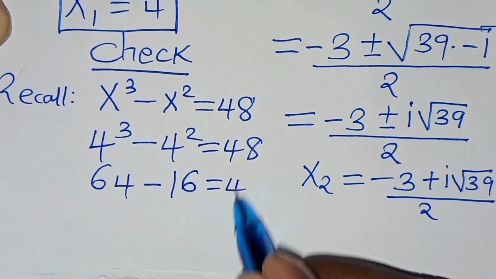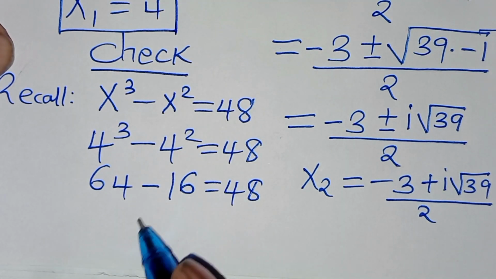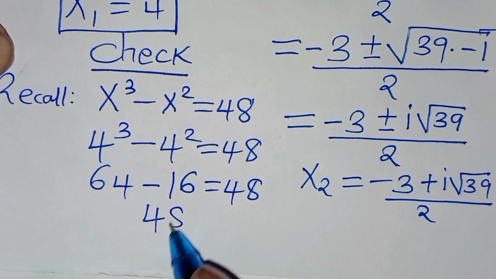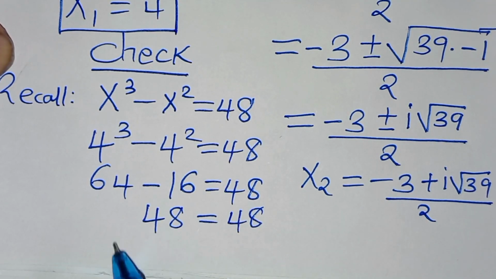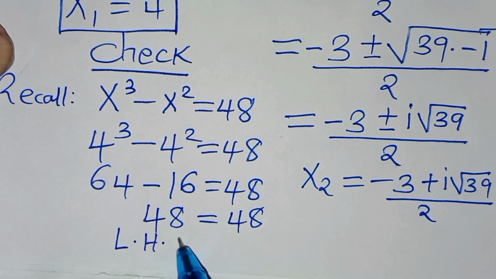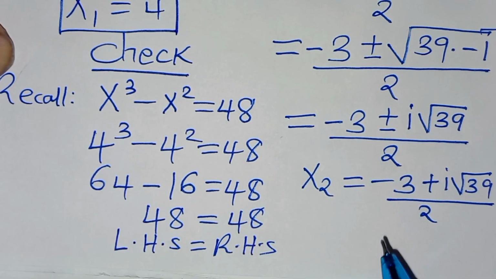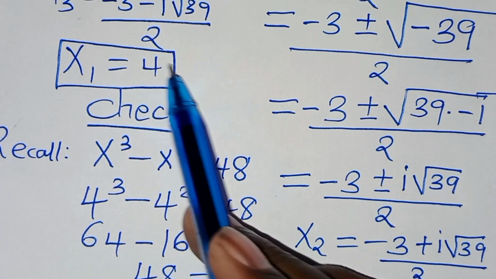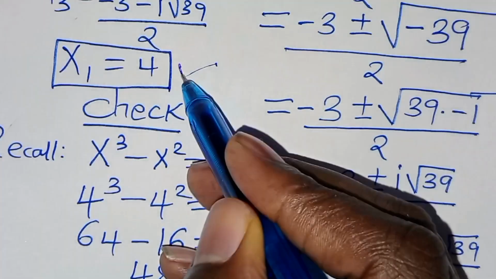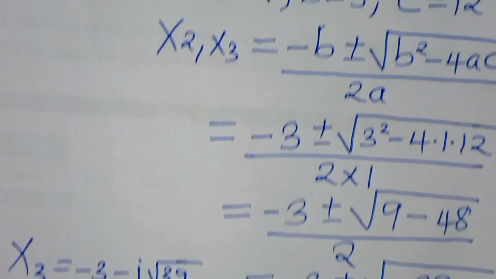This is equal to 48. So 64 minus 16 is 48, which is equal to 48. So the left hand side is equal to the right hand side. And this implies that x1 satisfies the equation, and therefore this algebra problem has got 3 solutions.